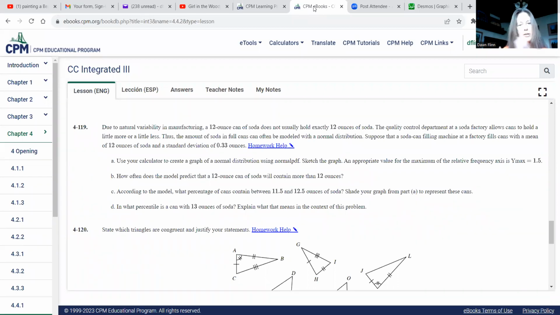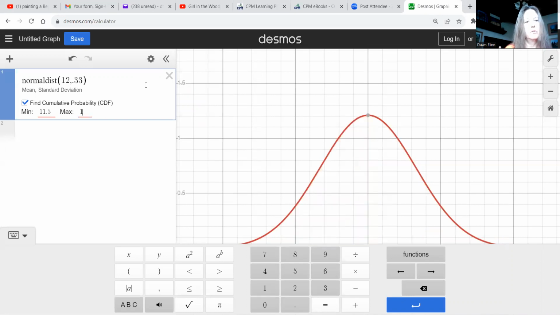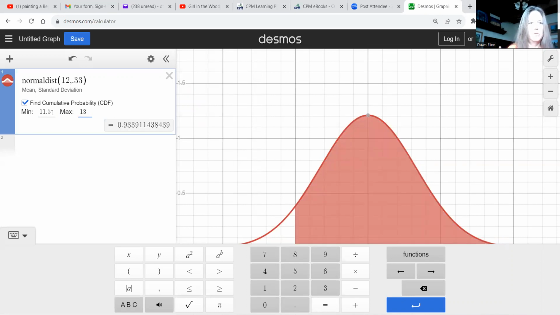In what percentile is a can with 13 ounces of soda? Explain what this means in context of the problem. Okay, so 13. So let's go from, so I had to type the word infinity to get that sideways infinity symbol up here.